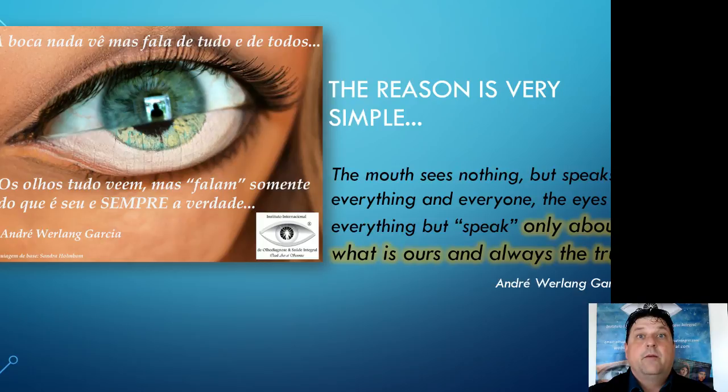Also, the mouth sees nothing but speaks of everything and everyone. And the eyes see everything but speak only about what is ours, and always the truth. Those are two good reasons to identify our personality and look for our emotional issues on the sclera, in the iris and the eyes.